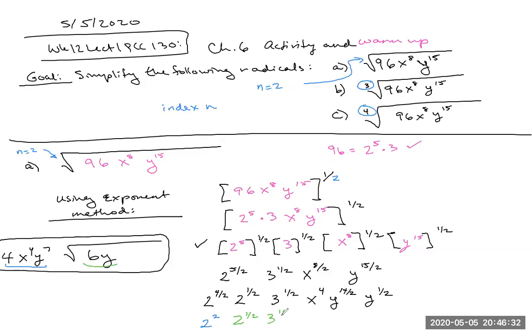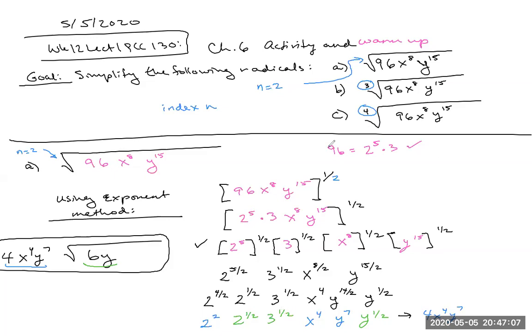My 3 to the 1/2. My x to the 4th. My y to the 7th. And my y to the 1/2. So that gives me, let's do color still, 4 x to the 4th, y to the 7th.